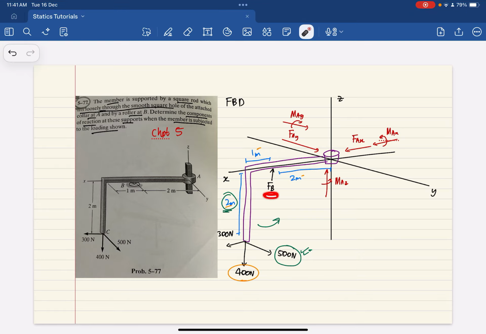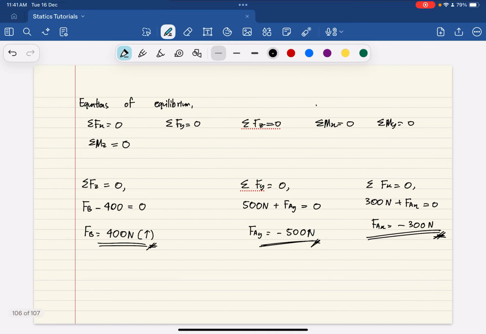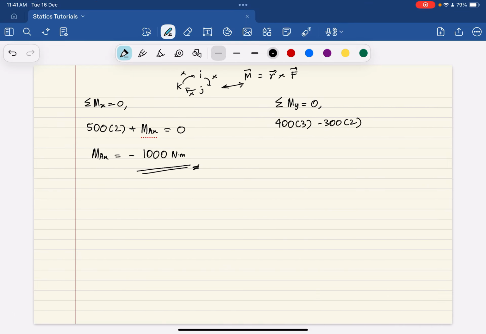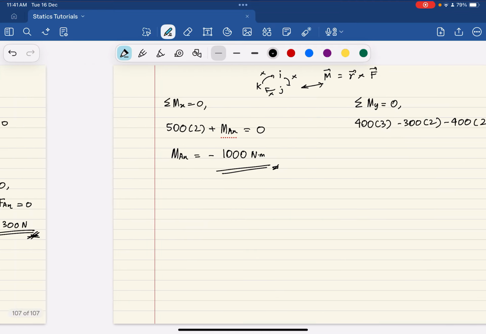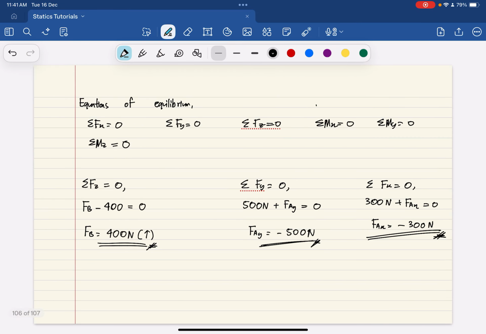But for FB, the force supported at B, if you multiply by 2, it will of course be creating a moment along the y-axis itself, and it's going to be clockwise, so it's negative. So it's negative FB, and FB in this case was 400, so negative 400 times 2.